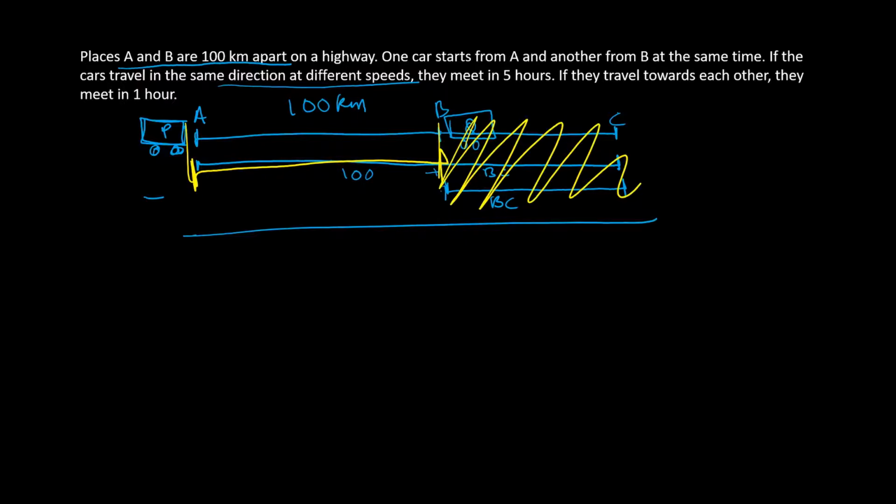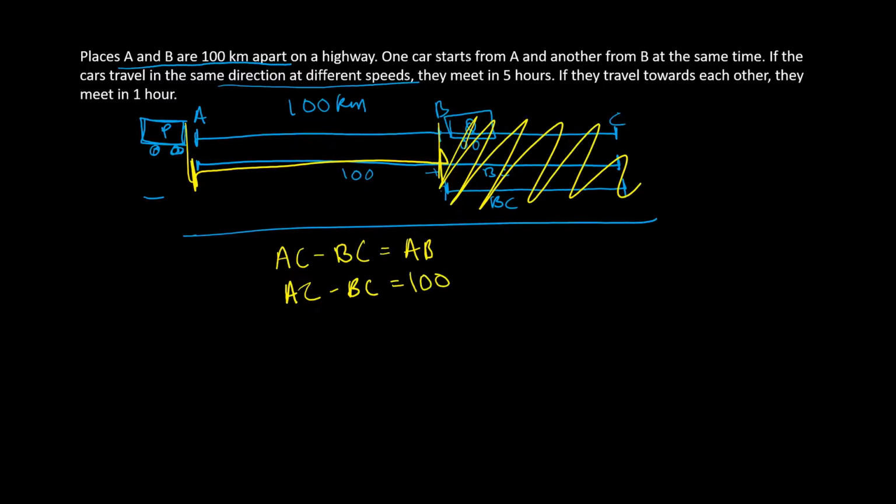So what I can write is that the distance traveled by Q subtracted from the distance traveled by P is 100. That is AC minus BC is equal to AB, and AB we know is 100, so I'll write AC minus BC equals 100.